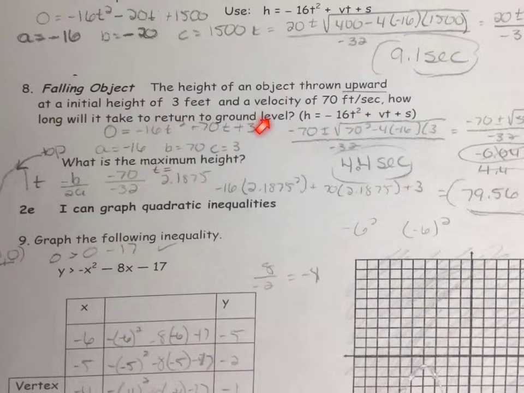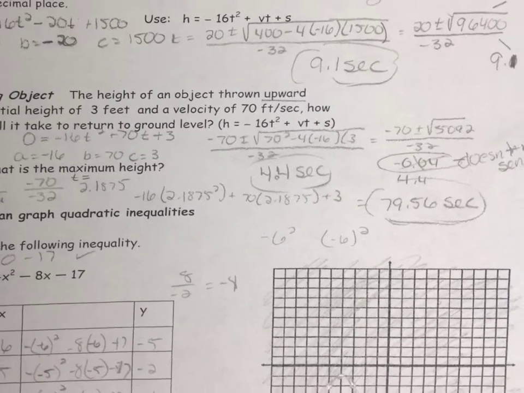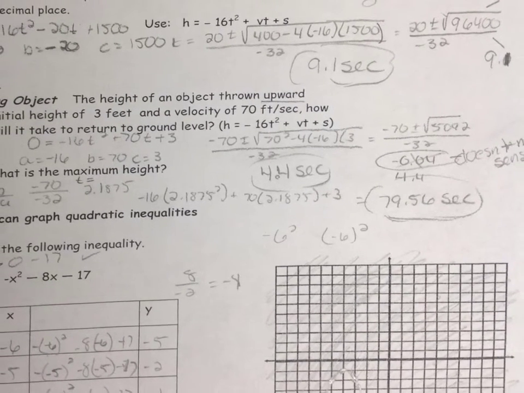So after you plug in the numbers, you pull out your A, your B, and your C, and then you do the opposite of B, so the opposite of 70, plus or minus the square root of 70 squared minus 4 times A, which is negative 16, times 3. Once you simplify all this, again, this is where you have to be very careful with your calculations because this is not a perfect square.